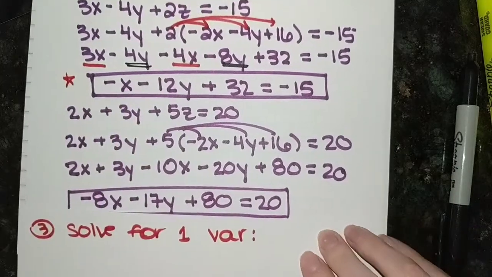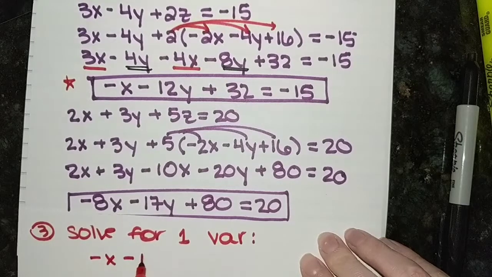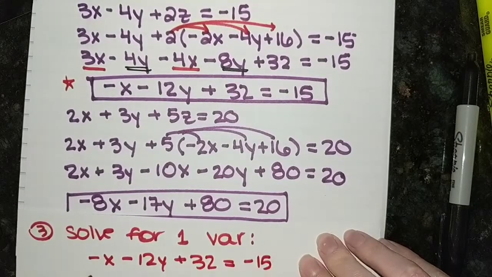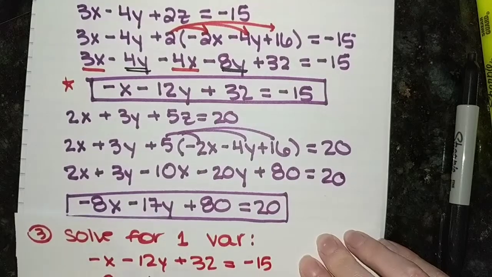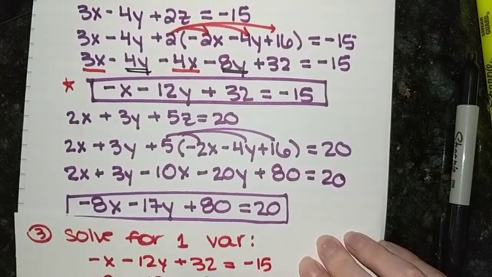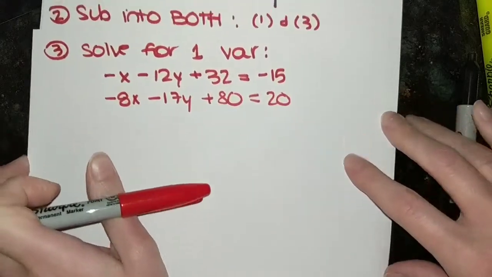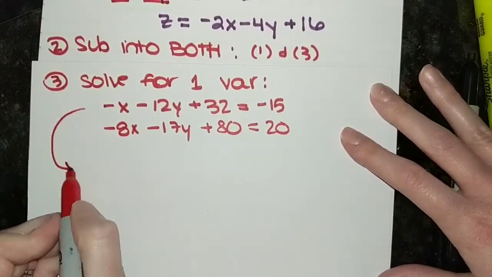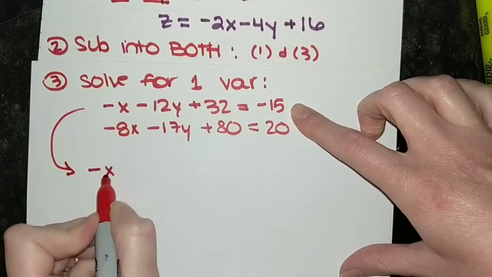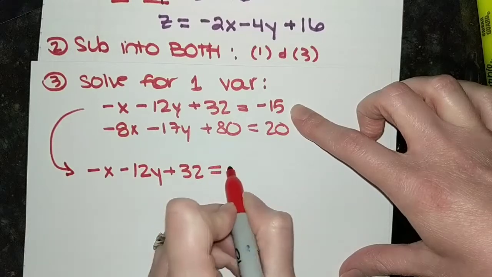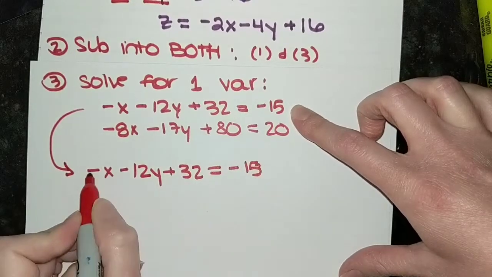So what you would do is take these two: your negative x minus 12y plus 32 is equal to negative 15, and your negative 8x minus 17y plus 80 is equal to 20. And you would solve for one of those variables. So I would take this first equation and solve for x.